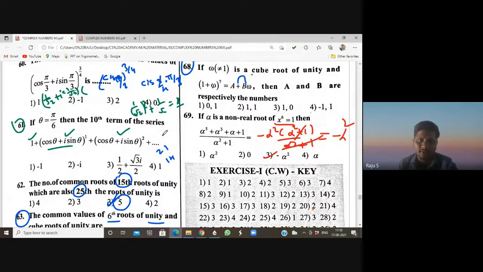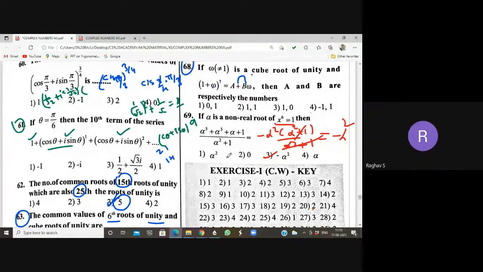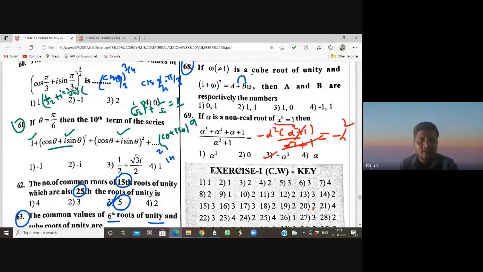Cos theta plus iota sin theta all to the power of 9. When we substitute theta is equal to pi by 6, what is cos pi by 6? Root 3 by 2. When I take all to the power of 9, they have given all to the power of 9. All to the power of 9 means?